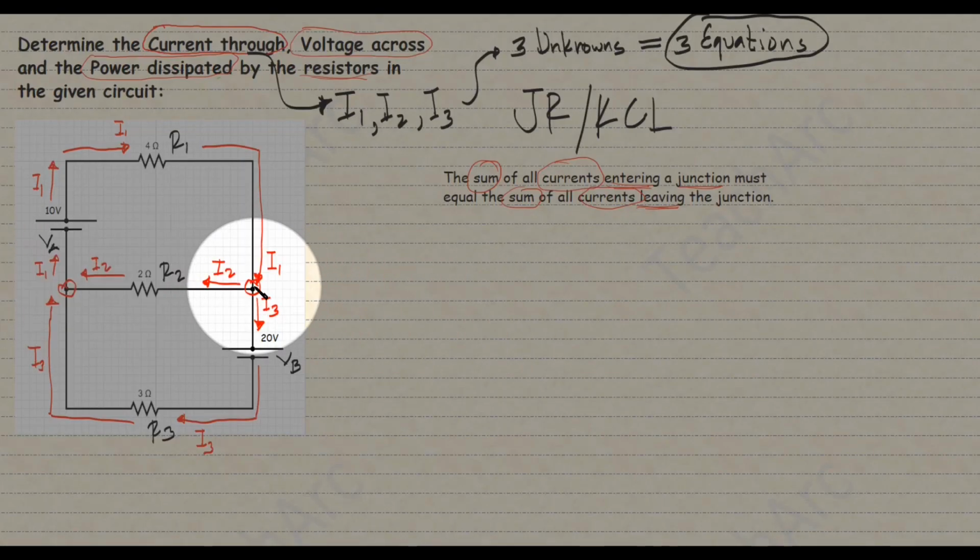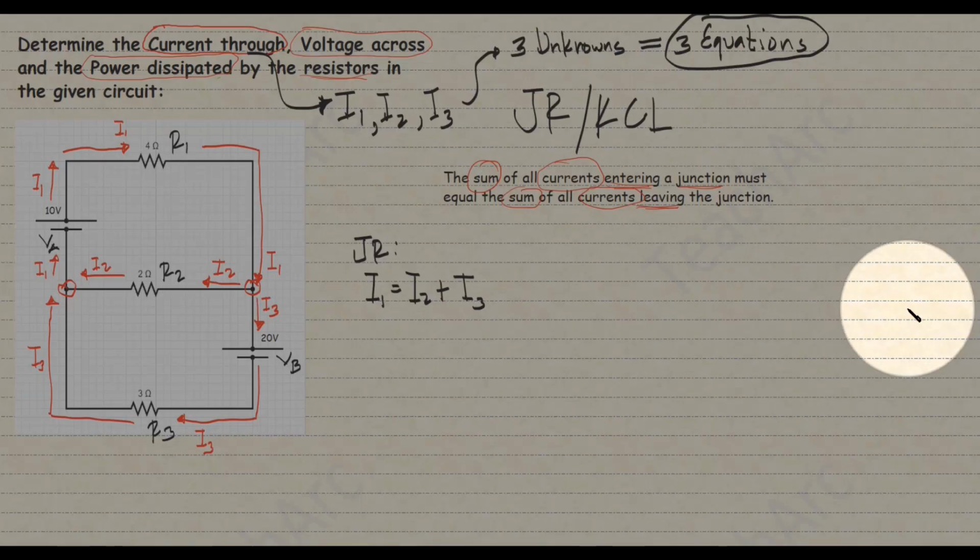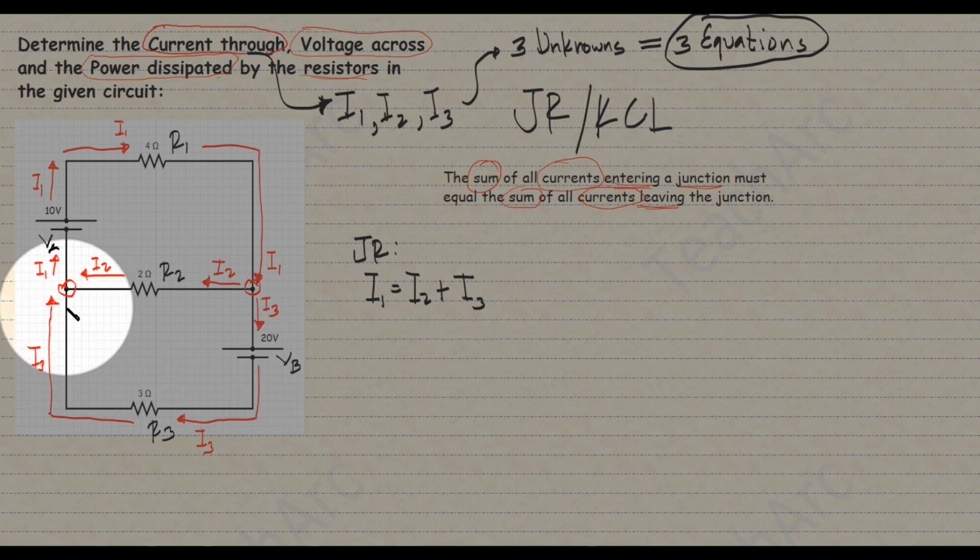If we consider this junction, I2 and I3 basically split from I1. Or you can say I1 enters the junction while I2 and I3 are leaving the junction. Effectively, we can say I1 is equal to I2 plus I3, following the junction rule or the law of conservation of charges.